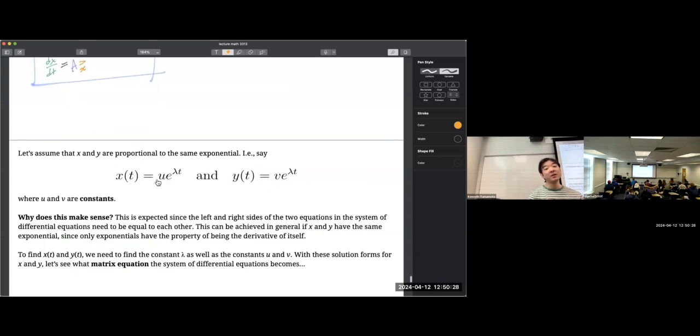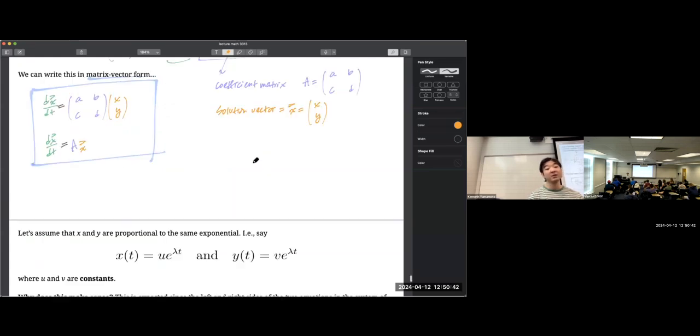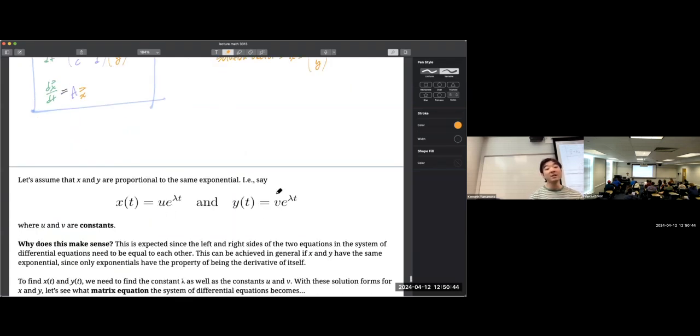Basically, you need x and y to both be some exponential e to the lambda t, where those lambdas have to be the same, so that both terms on the right-hand side have the same exponential, and the derivative of that exponential is the same. u and v are going to be some constants that we have to find to force these solution forms to satisfy the system of differential equations. We have three unknowns, u, v, and lambda, and there's going to be some linear algebra to find those three to force it to satisfy the system.